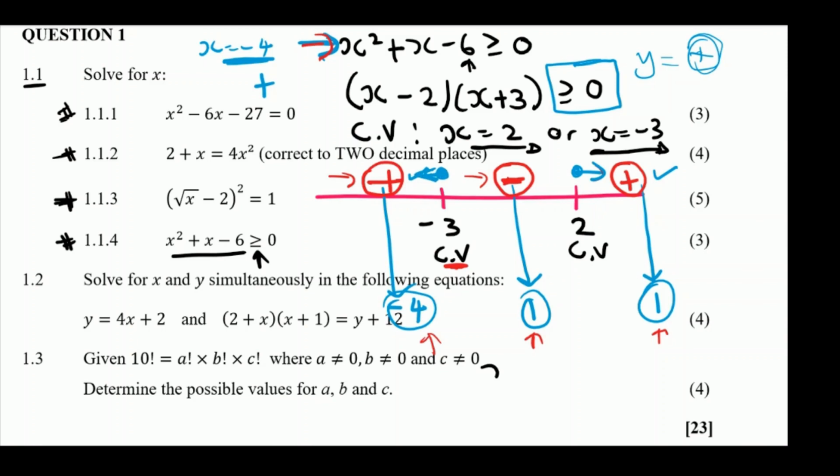We say x must be less than or equal to -3, which gives you positive solutions of y, or x must be greater than or equal to 2, which also gives you positive solutions of y.